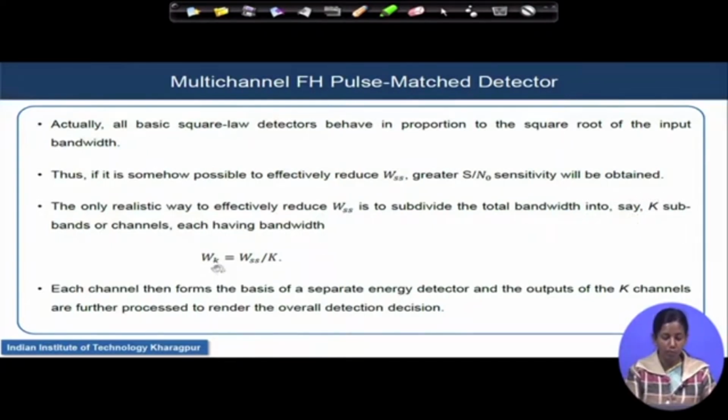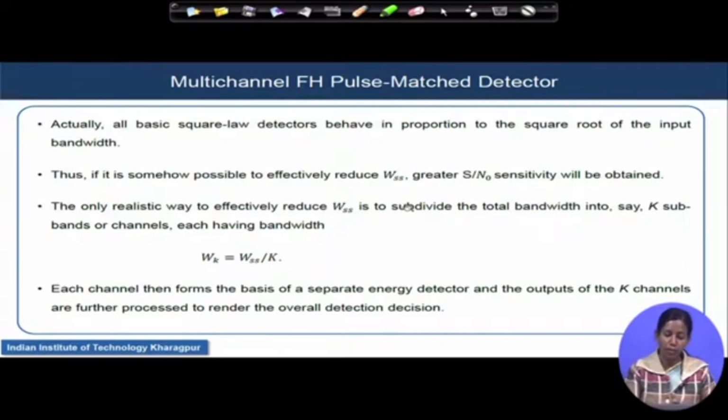Now the bandwidth of each channel Wk is given by WSS divided by capital K. Each channel then forms the basis of a separate energy detector, and finally you take an overall detector performance based on the performance of each and every detector. This is a way of practically handling and improving the performance of the frequency hopping pulsed matched detector.